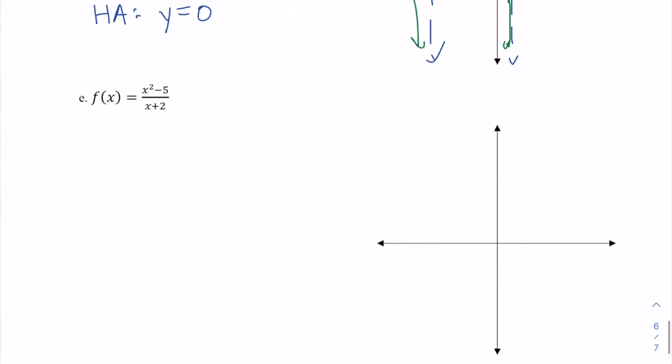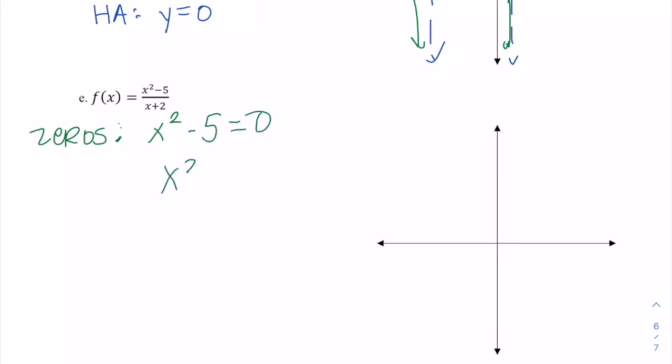Okay, for E, we can see right away that we're going to have a vertical asymptote and some zeros. So let's start with the zeros. We set the numerator equal to 0. That's a 5.